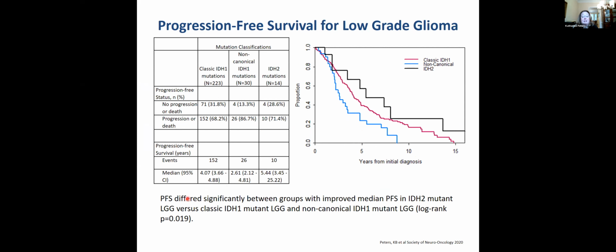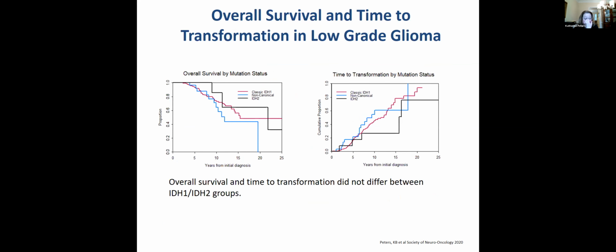And what we see here is that PFS actually differed significantly between the groups, such that our IDH2 mutated patients did much better and had a better progression-free survival than our patients with, usually the IDH2 mutation is the black line, compared to our non-canonical mutations, and even the traditional classic IDH1 mutation. Now, this didn't really have a difference in time to progression or overall survival, but again, progression-free survival is a key determinant in when we start to treat our patients with low-grade gliomas.